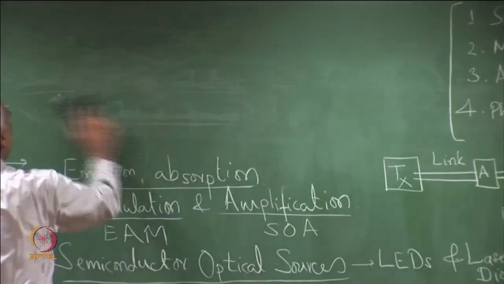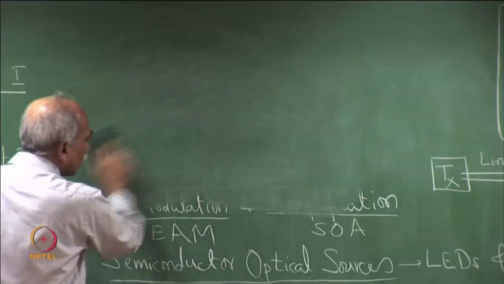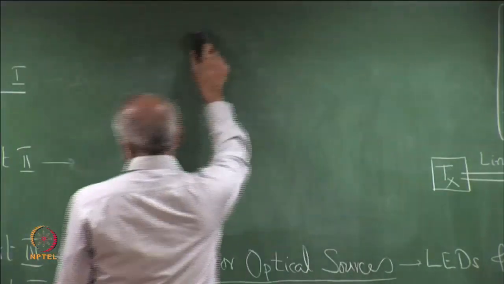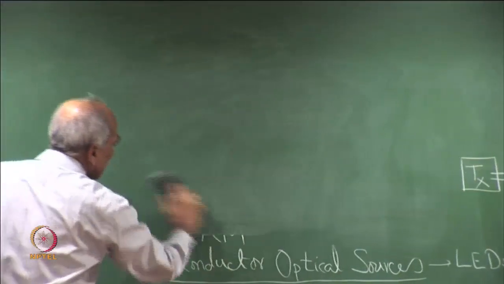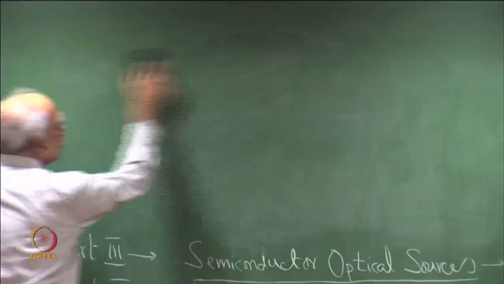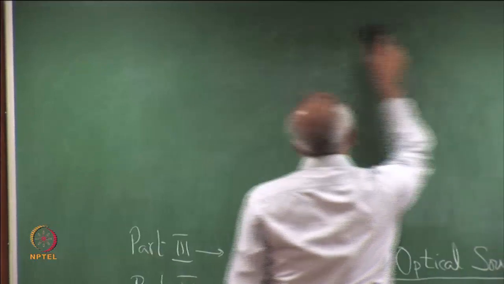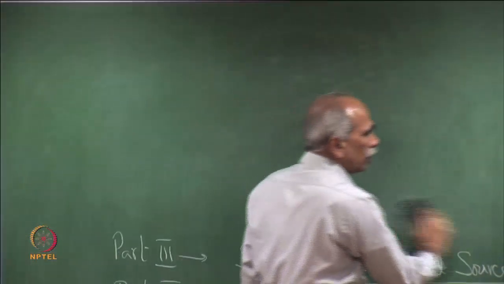Just as in the case of electronics, where several components could be integrated on a single chip, the question is, is it possible to integrate these devices? We have studied the devices independently as standalone devices, but is it possible to integrate these?